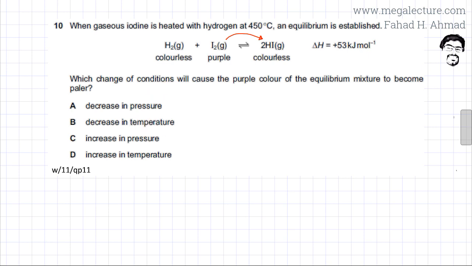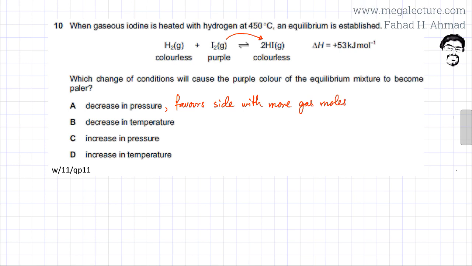Now remember that when you decrease pressure, equilibrium favors the side with more gas moles.